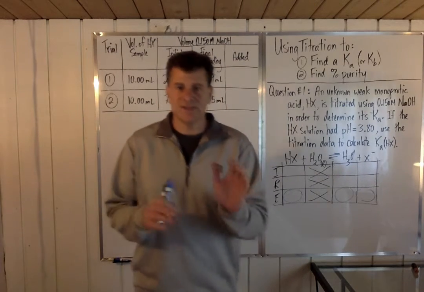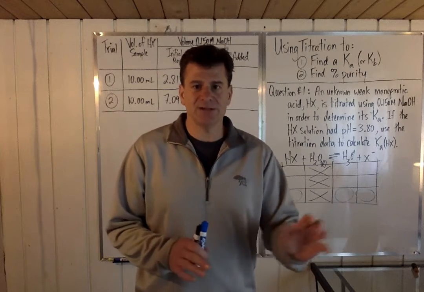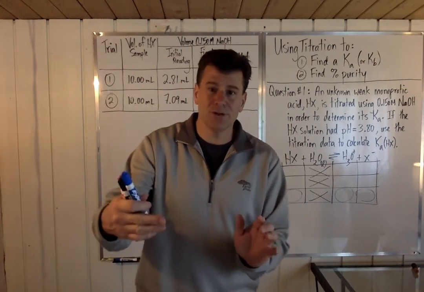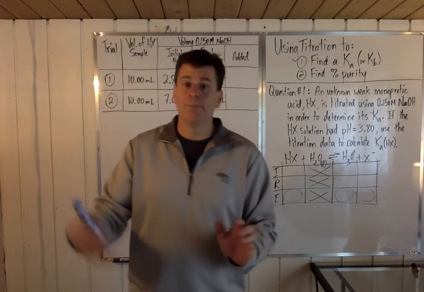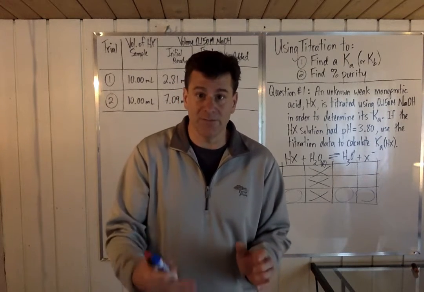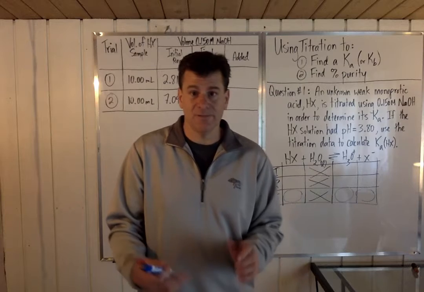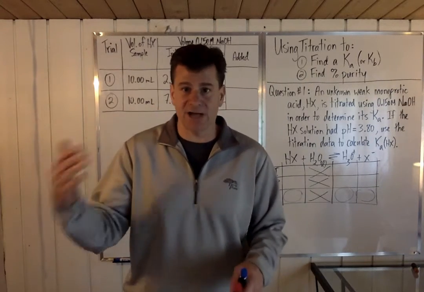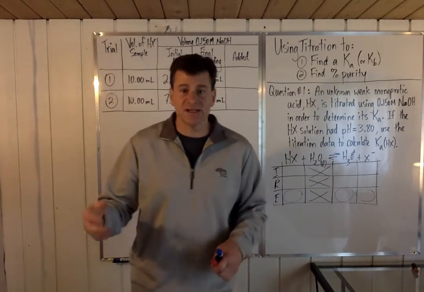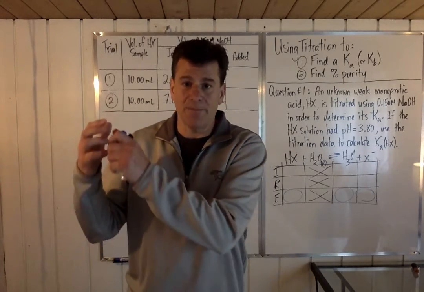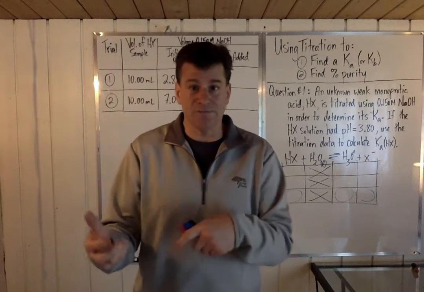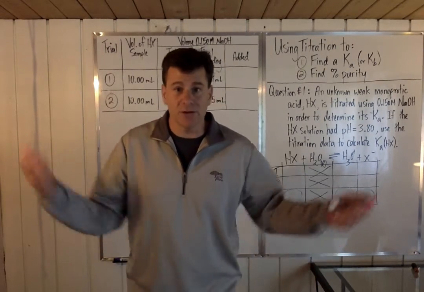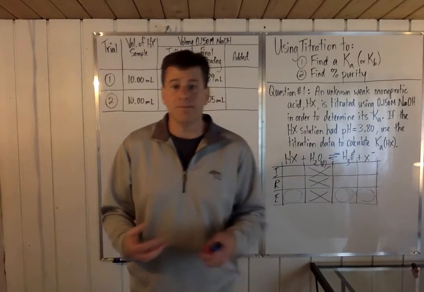When it says the solution of HX had an initial pH of 3.80, that means initial, meaning just before you did the titration, but already at equilibrium for the HX solution. So you have to imagine, in the lifetime of this solution of HX, the solution got made. Some HX was dissolved into water and a solution was made. It rapidly went to equilibrium, probably in seconds.